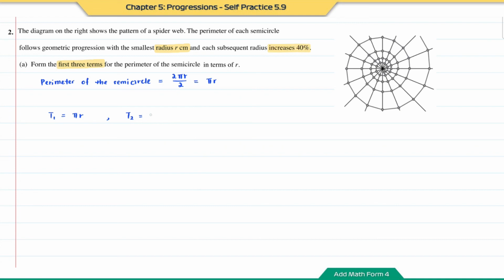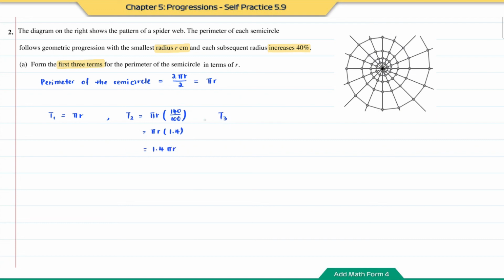So for the second term, we're going to take the first term, pi r, and multiply it with 140 over 100. This is the same as multiplying it with 1.4. So this will be the second term, or we can write it as 1.4 pi r.